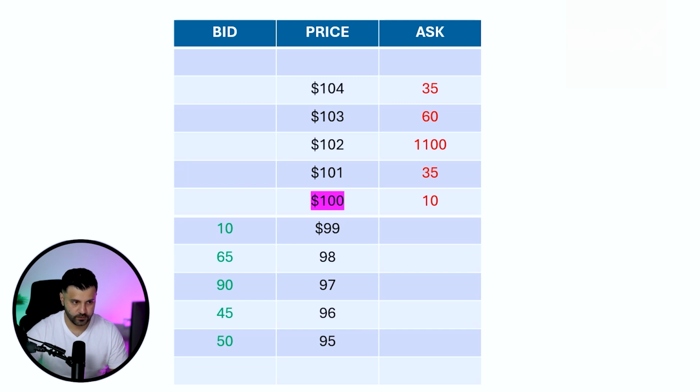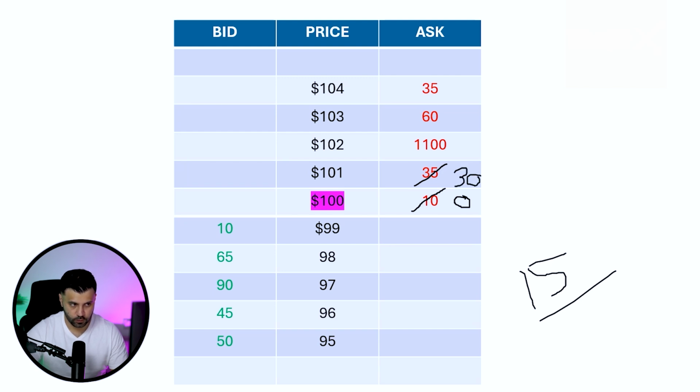So you, for example, place an order of 15 shares to buy this stock. Now we know that we have 10 shares waiting at $100. So this goes to 0, and this now goes to 30.